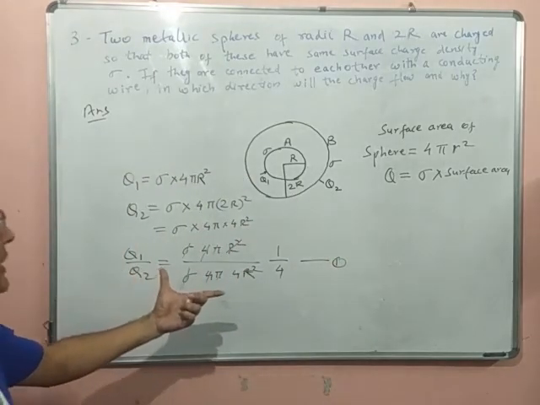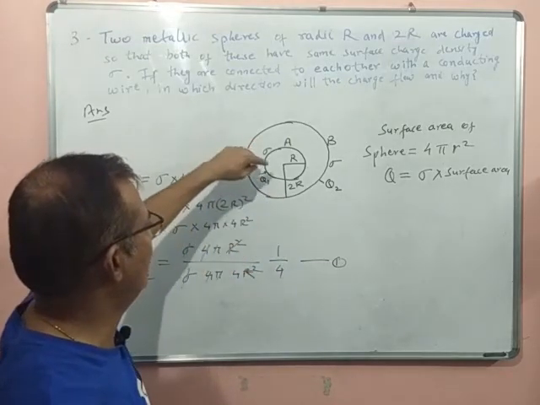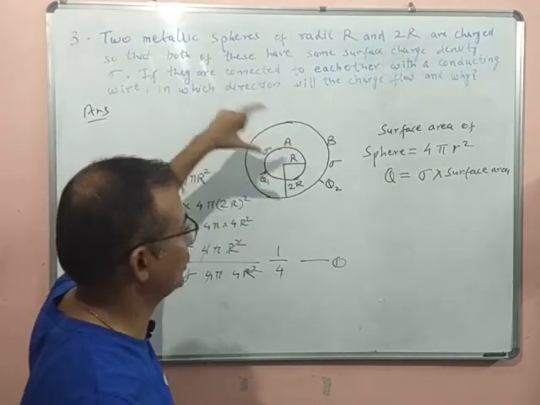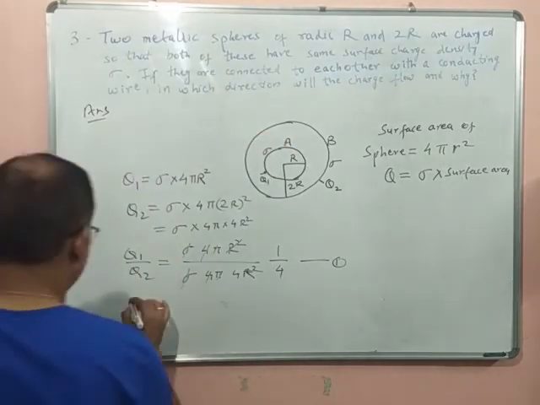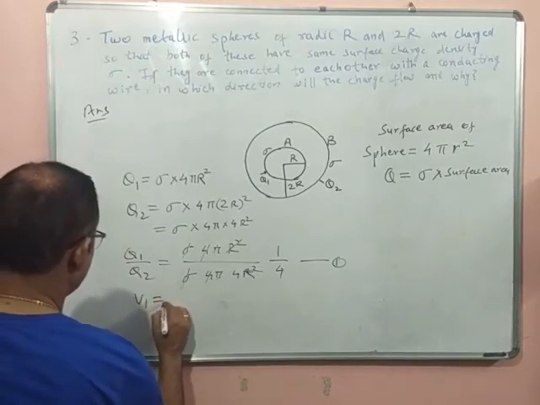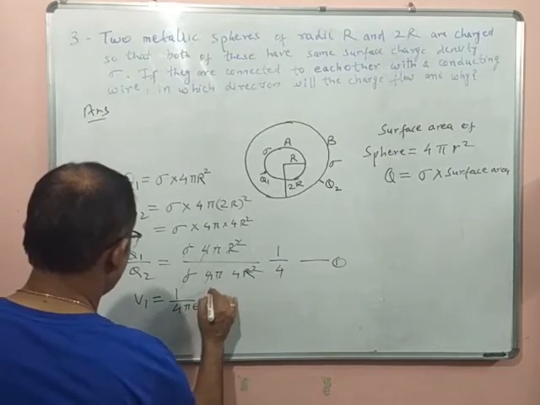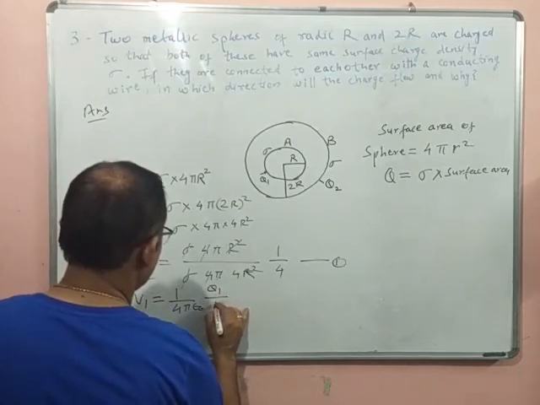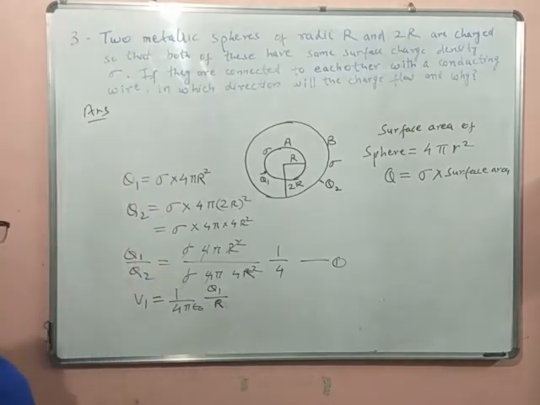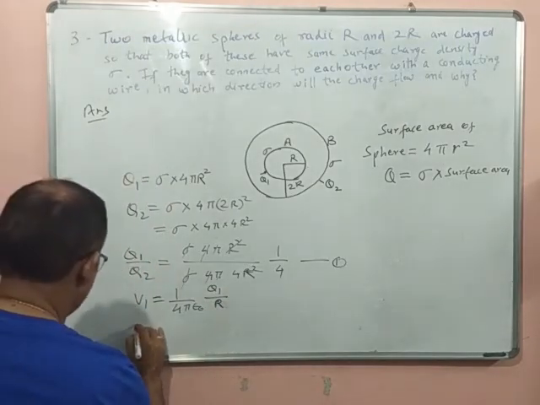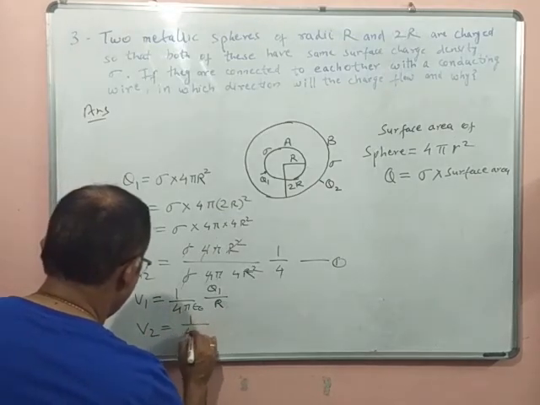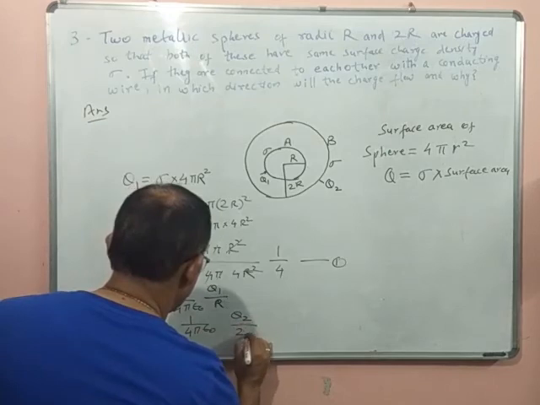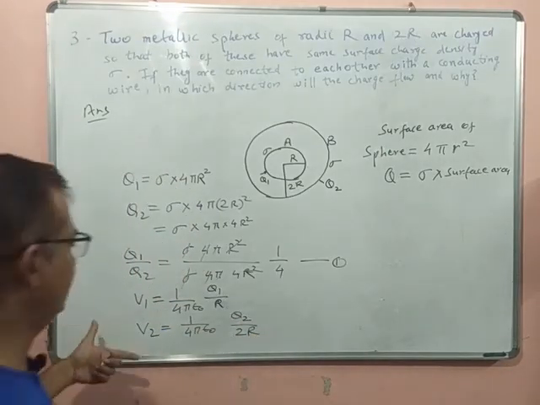Now if I want to calculate the potential because of this sphere, suppose V1 is equal to 1 upon 4 pi epsilon naught Q1 upon R, and V2 is equal to 1 upon 4 pi epsilon naught Q2 upon 2R. Now I'll take the ratio V1 is to V2.